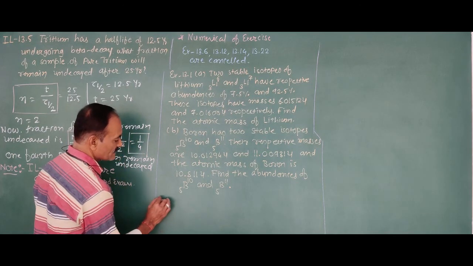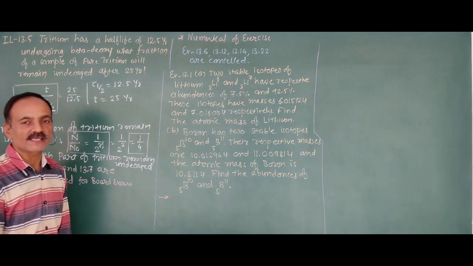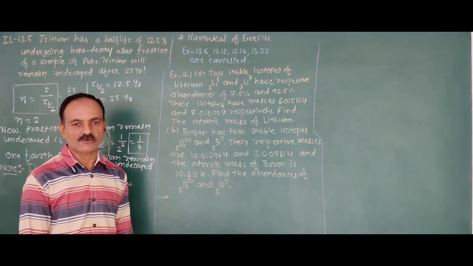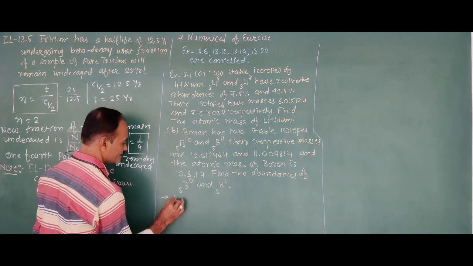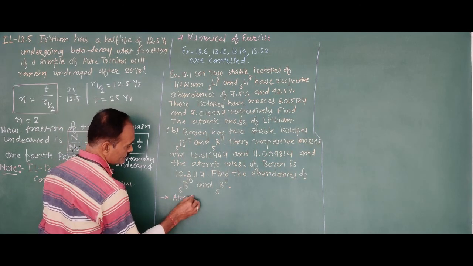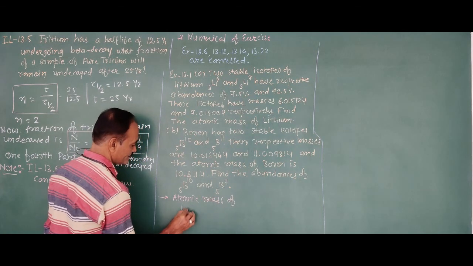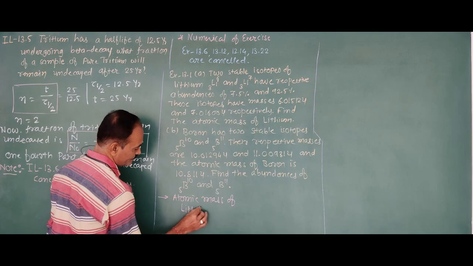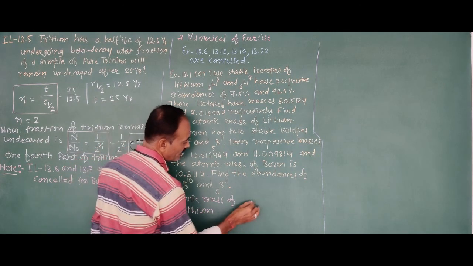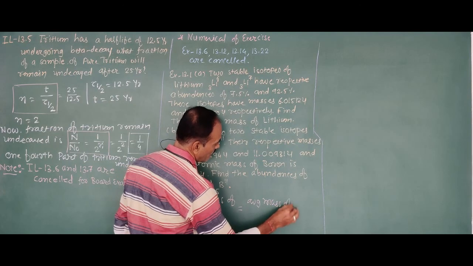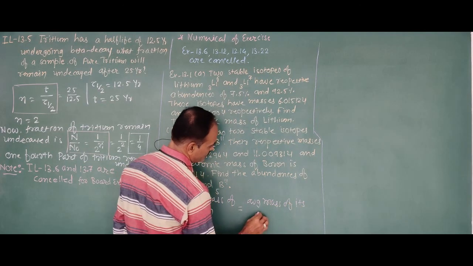So for that purpose we have the equation: atomic mass of lithium is equal to the average mass of its isotopes.